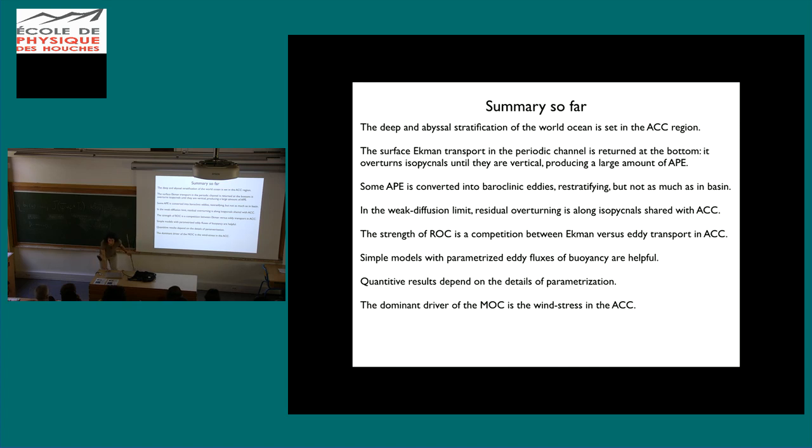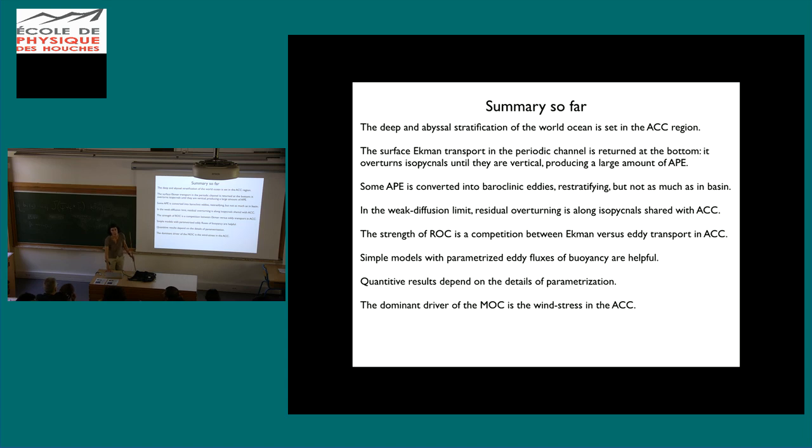So, may I ask one thing? Your first statement, that you have proven that the deep and abyssal stratification is set by the ACC region. Is it fair to say that if you go back to Walter Munk insisting that there was a large diffusivity starting from 1,000 meters downward, you would get a stratification also in the abyss? So one hasn't discounted that possibility.